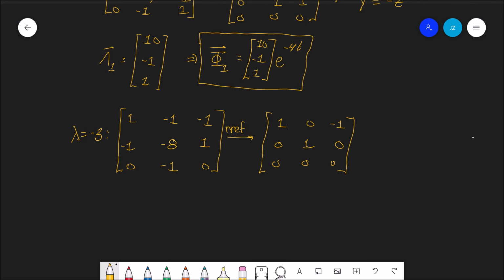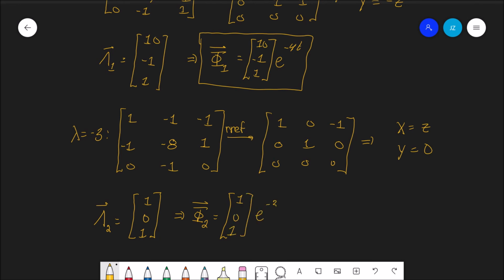This will give us x is equal to z and y is equal to 0. So again, z can be anything we want. So we'll take our second eigenvector to be 1, 0, 1, which will give us a second solution vector, 1, 0, 1 times e to the negative 3t.